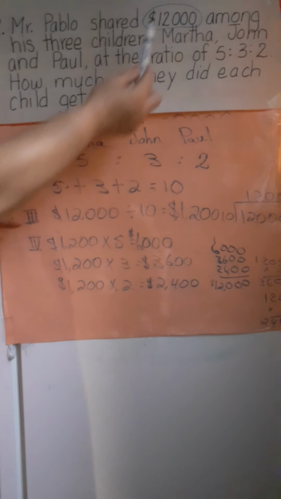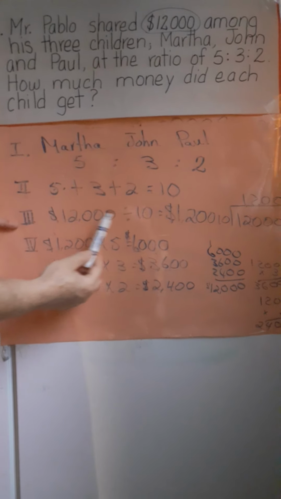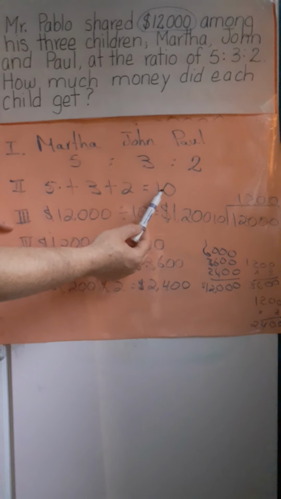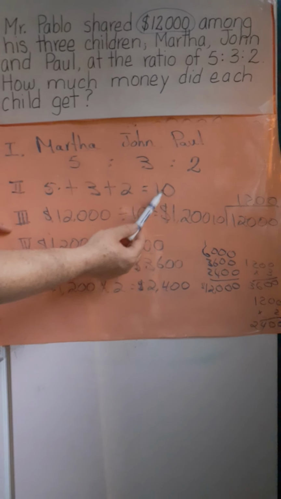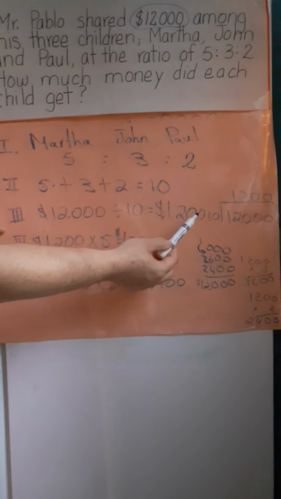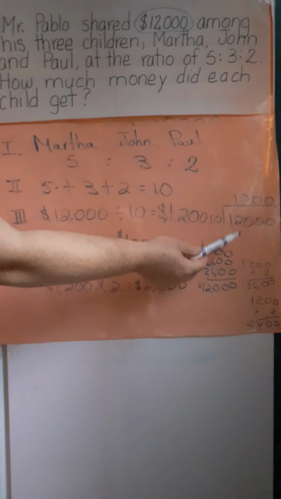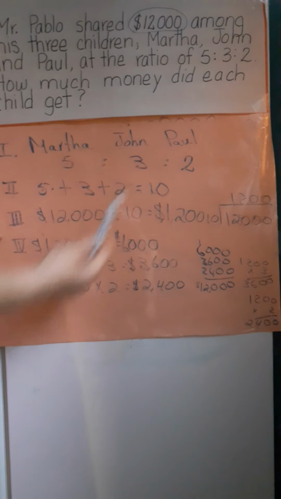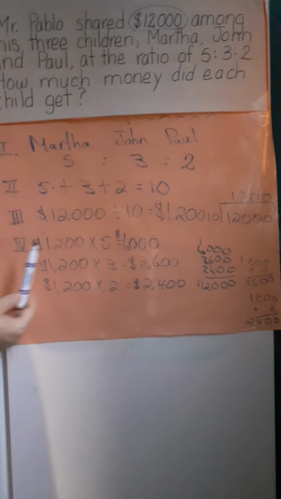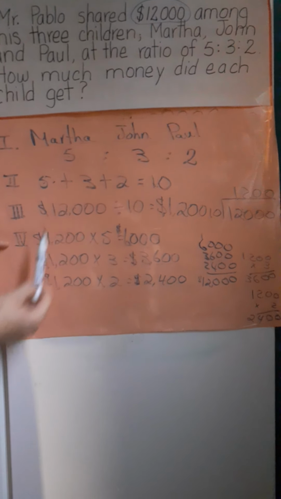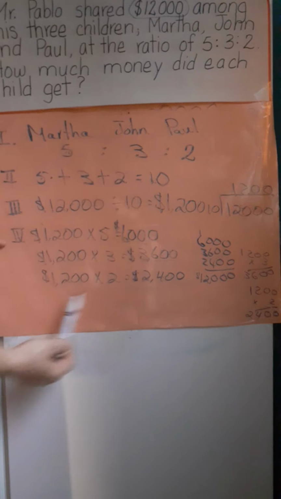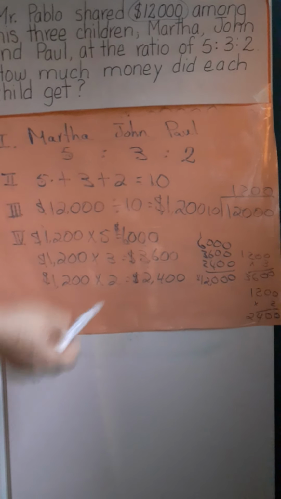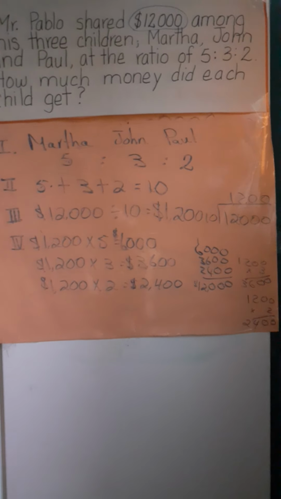Third step, divide the total amount by the number that you got here, which is the total from the ratios. Once you divide, the answer that you get, you are going to multiply it by each of the ratios, and that should give you the answer.